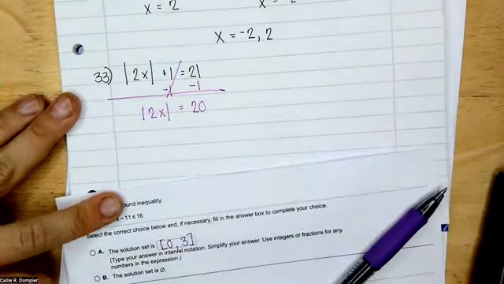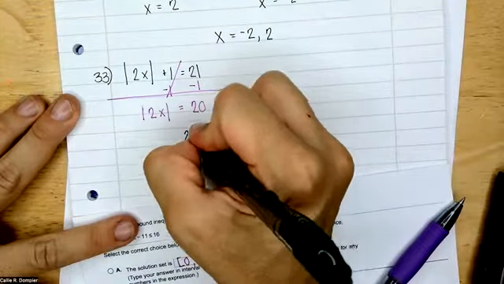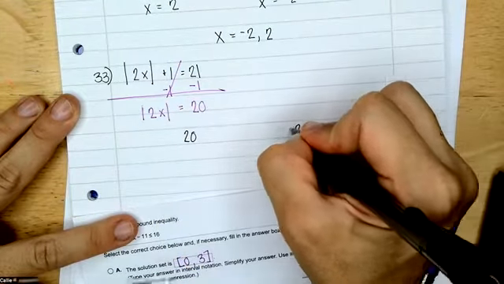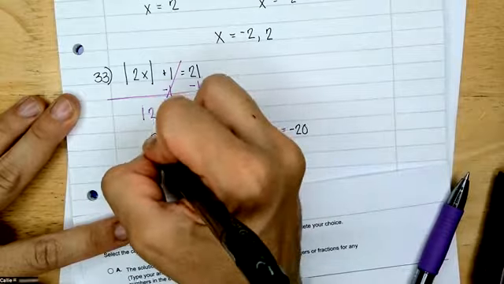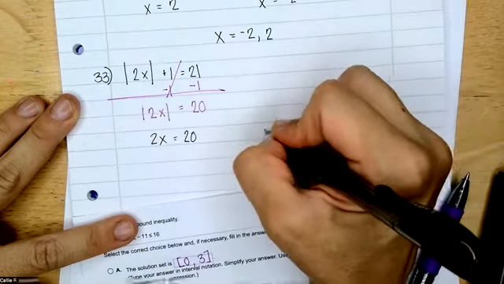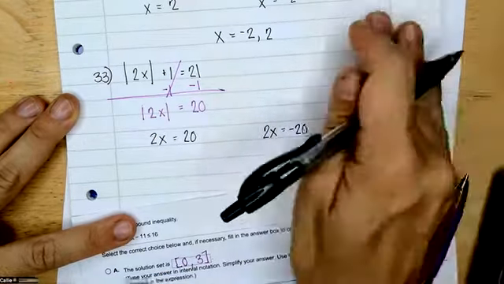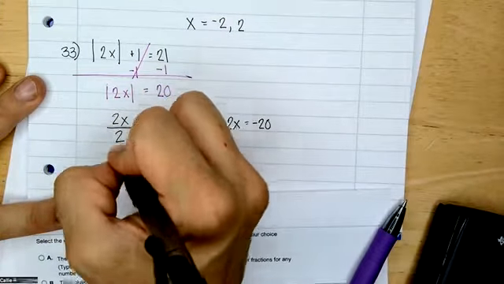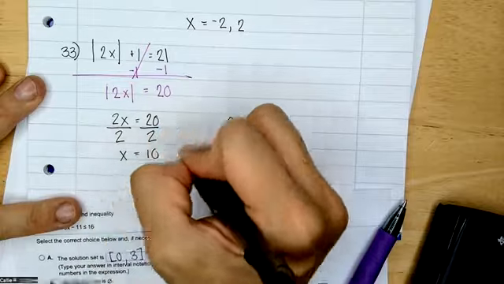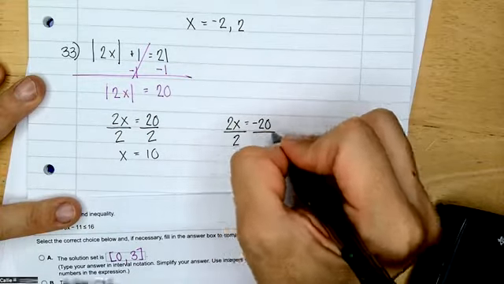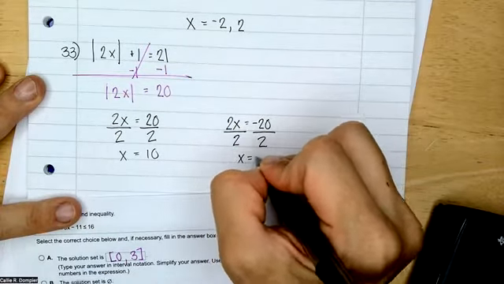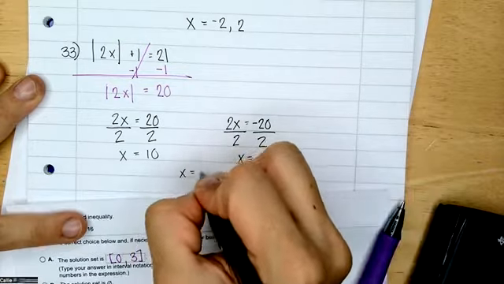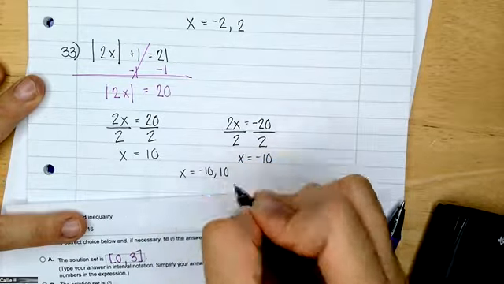So it could be positive 20 or it could be negative 20. So we're going to take that same 2x and set it equal to 20 and negative 20 at the same time. Divide by 2, x is 10. Over here, same thing. Solve for x, divide by 2. x is negative 10. So x is negative 10 and 10 for 33.